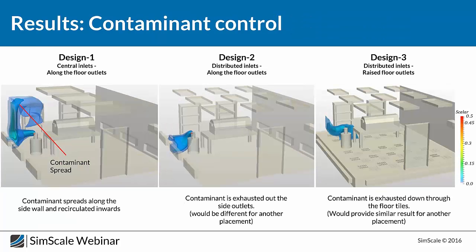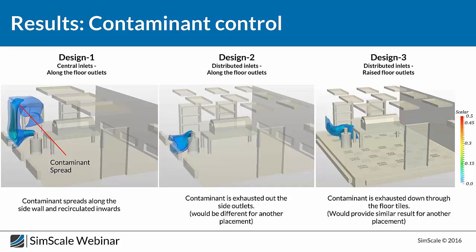And now let's have a look at the contamination and control. In this case, we look at the contours of scalar transport, essentially those particles that left the contamination source. So on the left in our base design, you will see the contamination is completely spread on that corner of the room and has entered those recirculation zones that we saw in the previous slide.